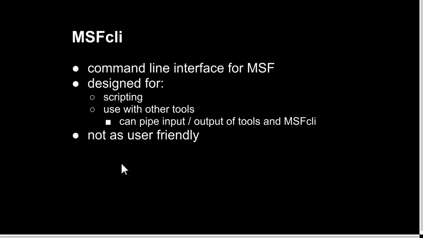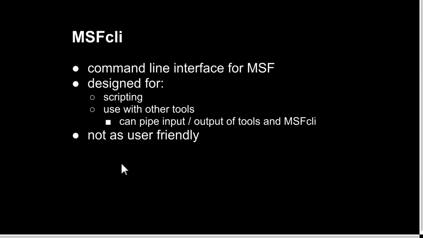So the second interface to Metasploit is something that's less interactive. It's more of a one-off thing, just a single command line interface for Metasploit. It was designed mainly to provide scripting, so you can bring many of the functionalities of Metasploit into various other tools, your own custom exploits.